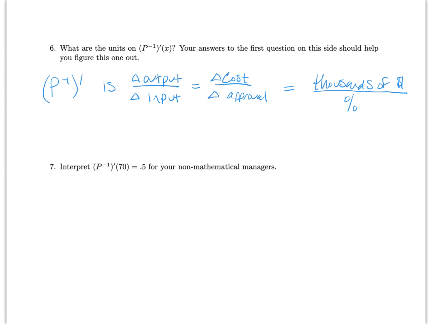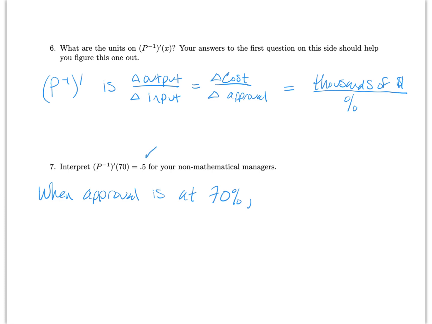So to interpret P inverse prime of 70 equals a half, I have to know that that 70 is an input to the inverse, which means it is an approval rating. So we want to say when approval is at 70%. Okay, so that's the beginning. Explain what the input is. So an additional 1% approval costs a half of $1,000.